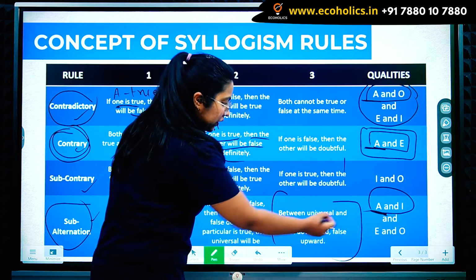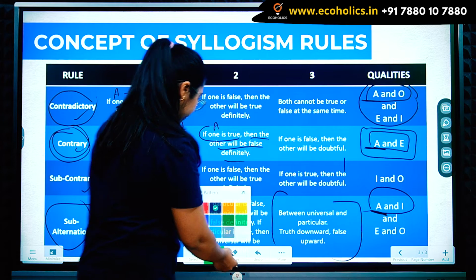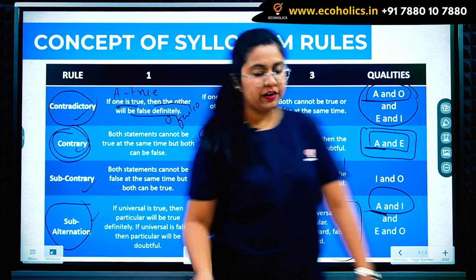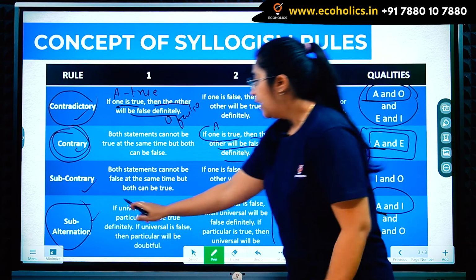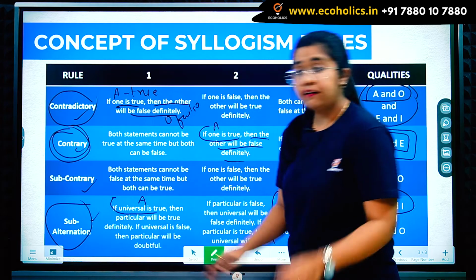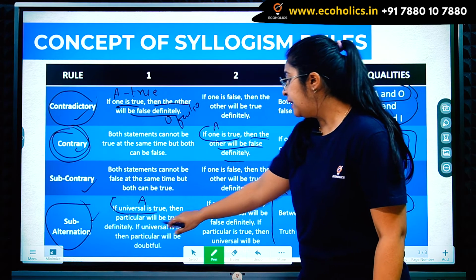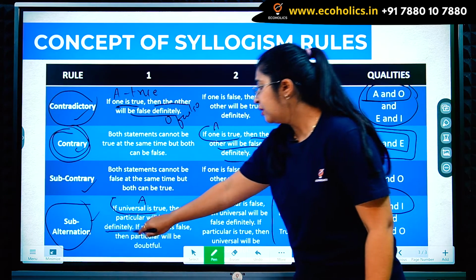Between universal and particular, we have it over here. If universal is true, if A is true, then particular will be definitely true.